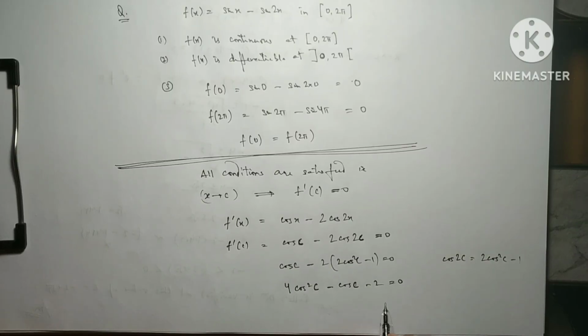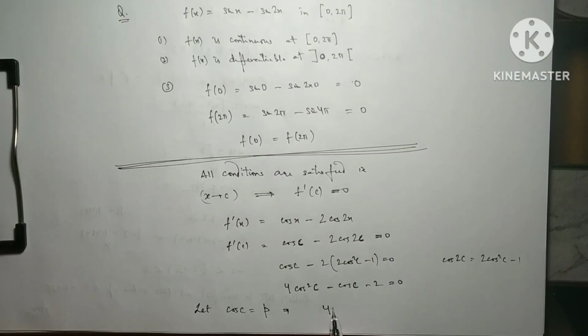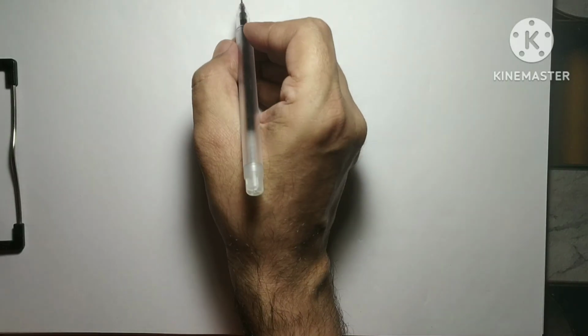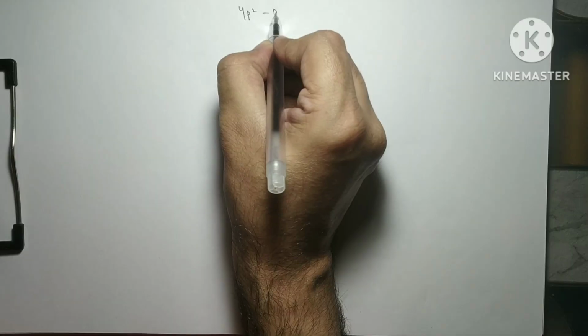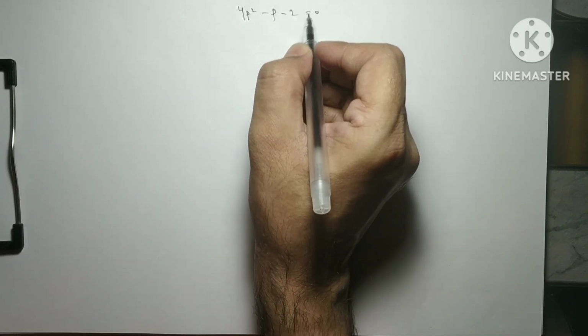So this is a quadratic equation. You can let cos c be p. So this becomes 4p square minus p minus 2 equals 0.